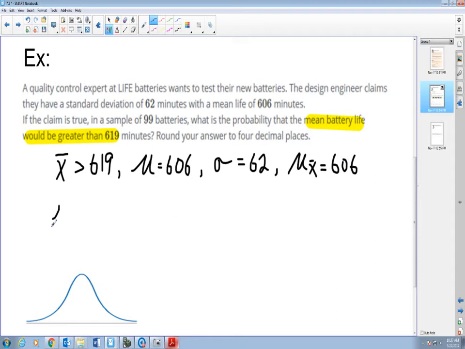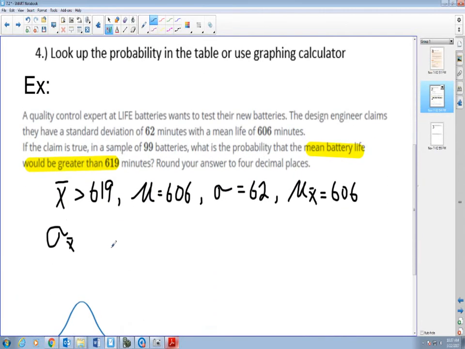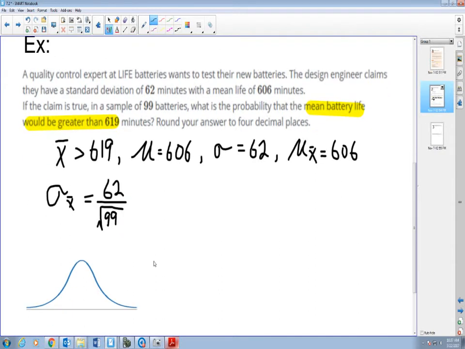The standard deviation of the sampling distribution from the formula is always going to be the population standard deviation, 62, divided by the square root of my sample size n, 99.